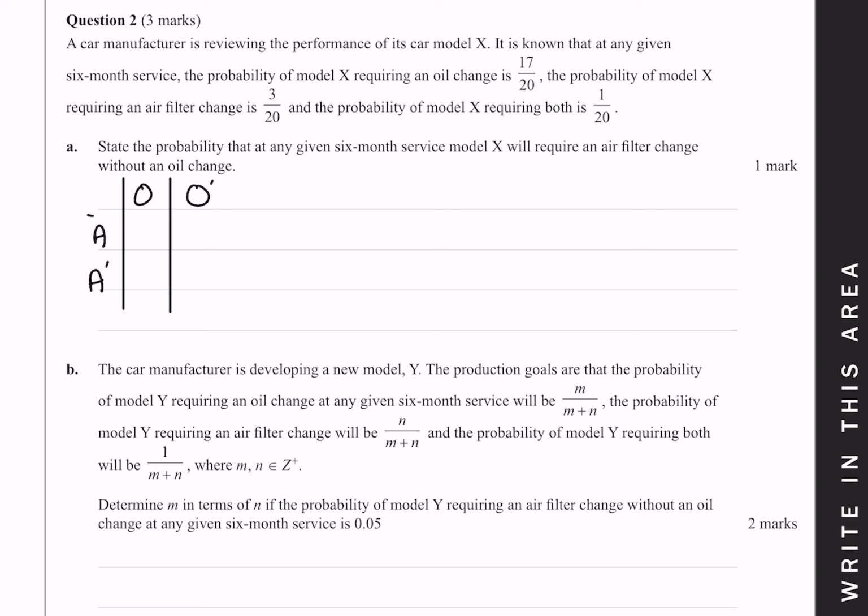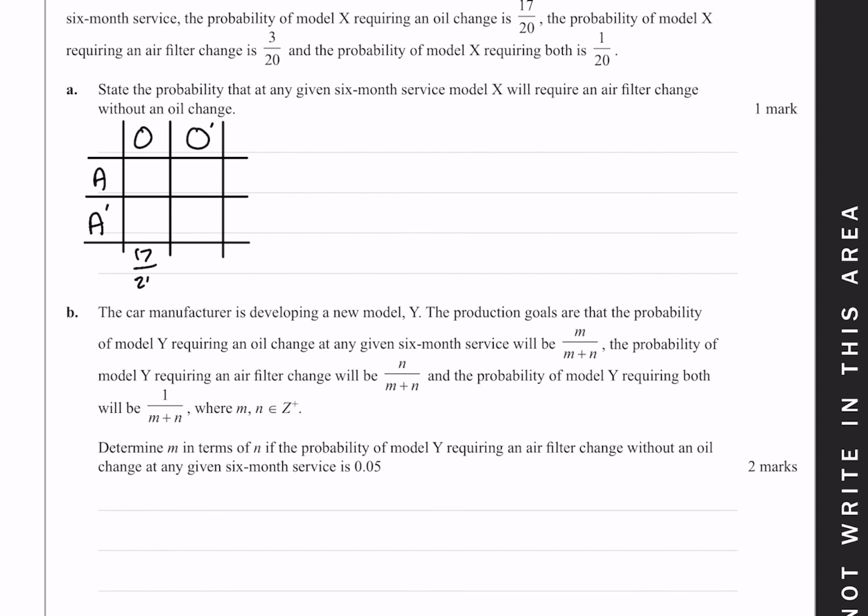Alright, this question I recommend making a probability table. Just subbing in all the knowns, and then it'll be clear what you need to solve for to find an unknown.